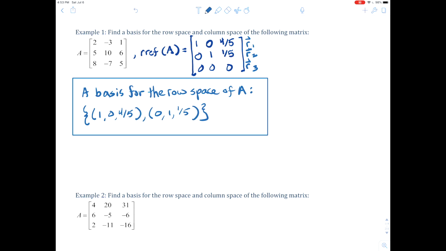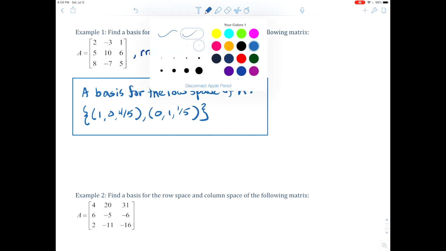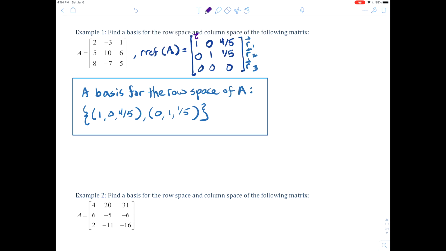All right. So there are 2 different ways we can go about finding a basis for the column space. If we use method 2, what would we look for? Well, column 1, column 2, and column 3 here in the reduced form.